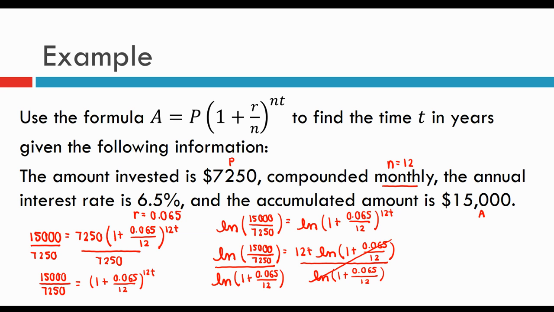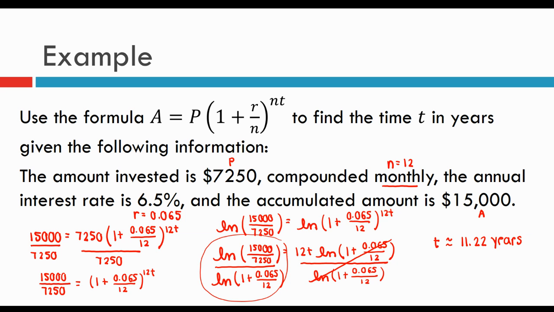Because technically now on the right-hand side, we just have 12t. So the last step then to get t by itself is to divide by 12. So all of this that's in your calculator, now hit divide by 12. And what you should get is approximately 11.22 years.